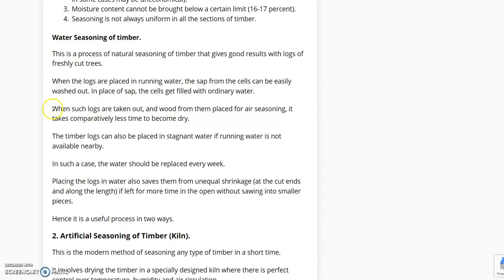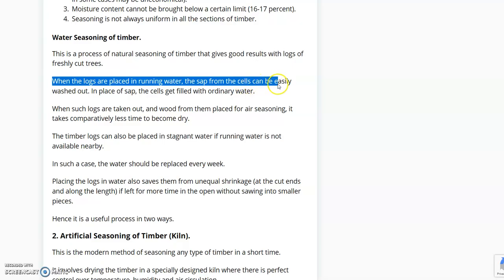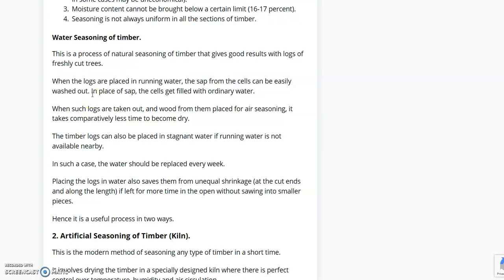When wooden logs are placed in running water, the sap from the wooden cells is getting replaced with ordinary water. So in place of the sap, cells get filled with ordinary water.